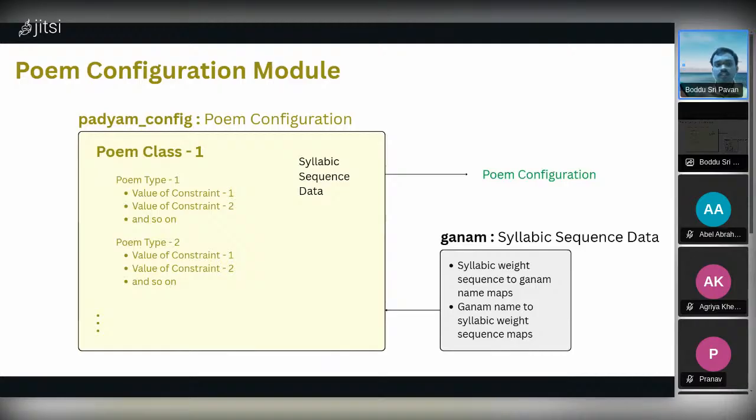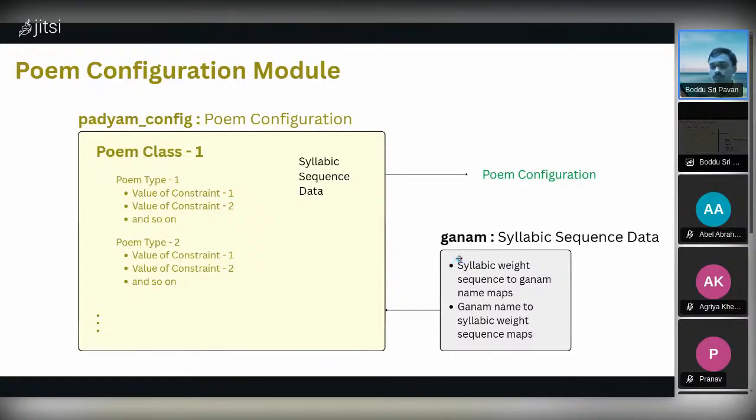A group of syllables combined together forms a syllabic sequence, and a set of predefined syllabic sequences with language-based constraints together form the poem. This poem configuration module acts as a predefined configuration to check the given poem.